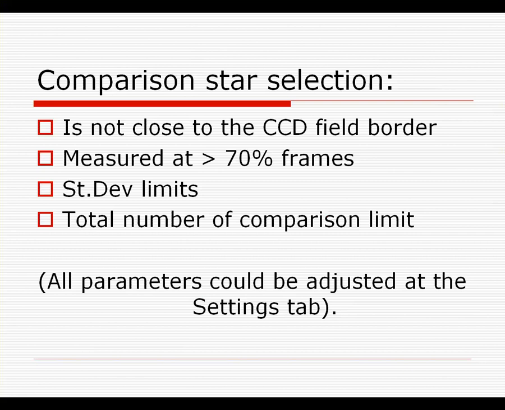Also, this star should be measured in at least 70% of frames. If the guiding is not perfect and some star often disappears from the field of view, or some faint object often goes below the background and is not detected by the software, this is a bad comparison star and it should not be used.